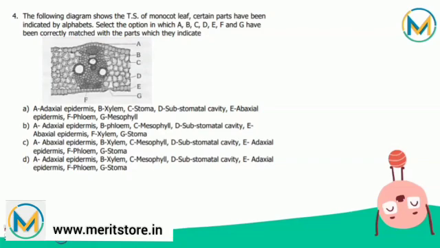So here in this diagram, A is abaxial epidermis. So it's there in option A, B, C as well as in D. Then B over here in this diagram is xylem. So it's there in option A, then not in B, so option B is discarded. Then C also has xylem and D is also having xylem.